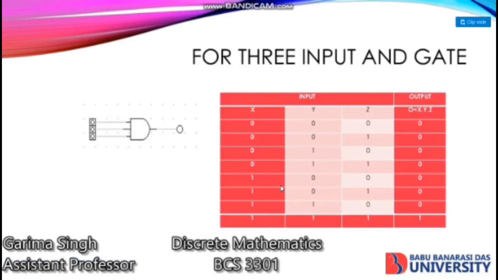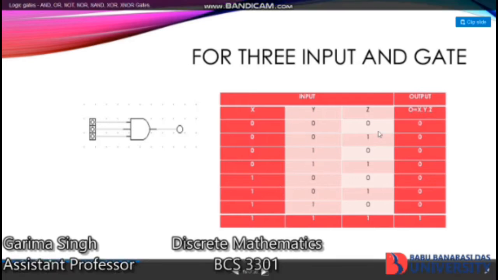If you have a 3 input AND gate, then this will be the truth table. X is 0, Y is 0 and Z will be 0. When all the inputs are high, only then is your output high. Otherwise, whenever any of the inputs is low, the output will definitely be low.